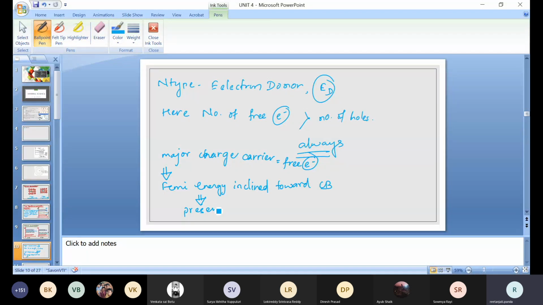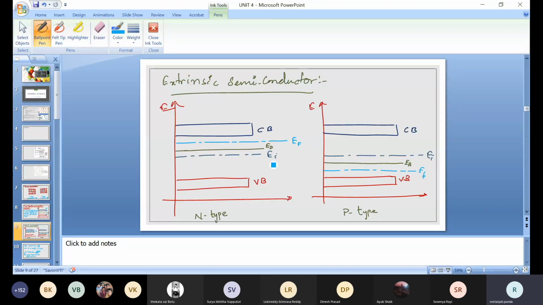You can see this in the graph. In this graph, EI is nothing but the intrinsic Fermi energy, which always lies at the center between the conduction band and the valence band. Between EC and EV, the EI will lie at the mid of the EC and EV distance.